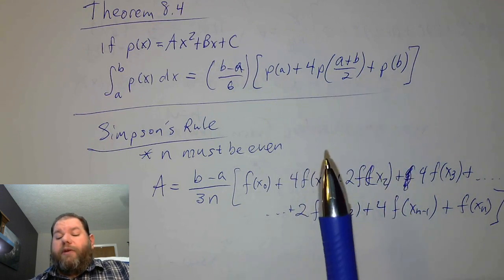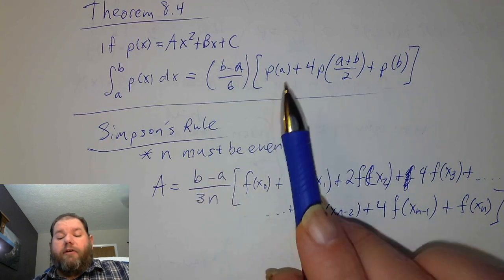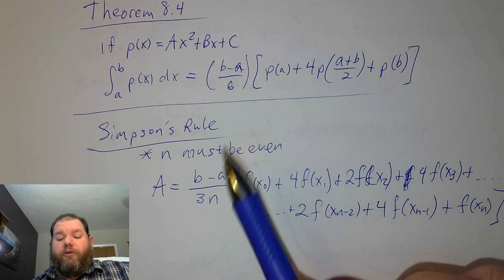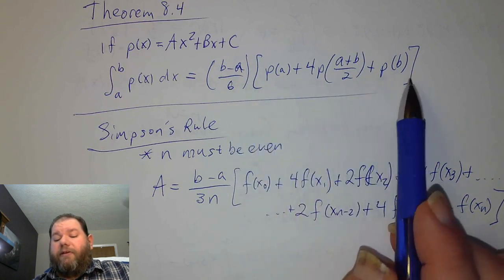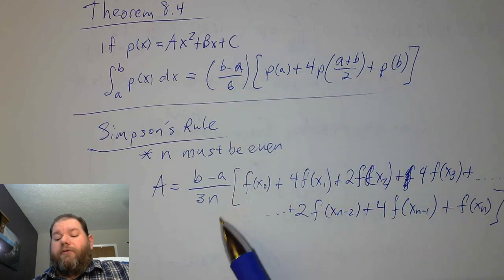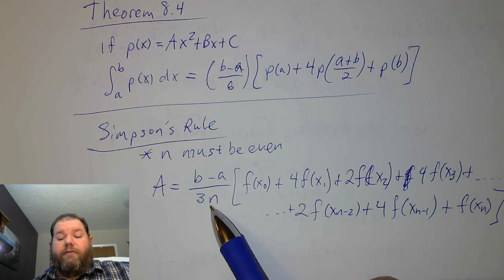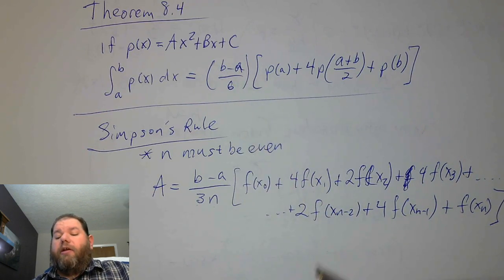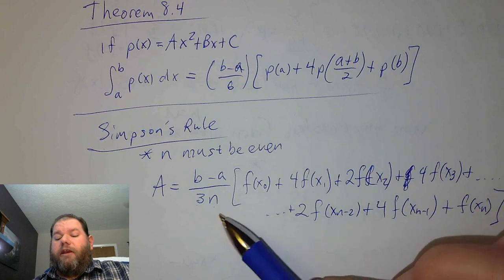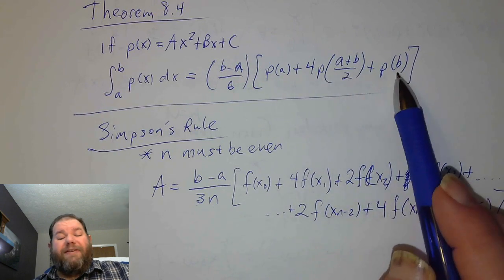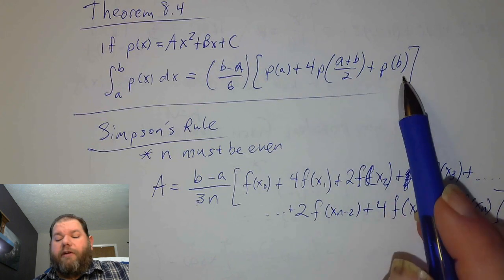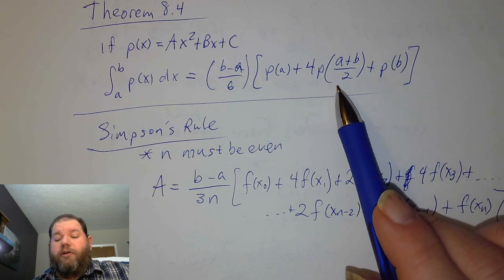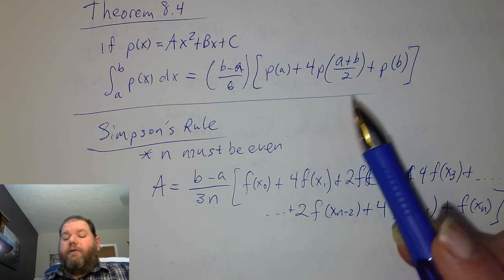Now, if we have n equals 2, then our formula looks almost exactly like this. N equals 2 means we'll have 3 times 2 is 6 right here. And if we only have n equals 2, that means we have 3 terms inside of our calculation, which is the left endpoint, the right endpoint, and then the midpoint in between, which has a 4 in front of it.